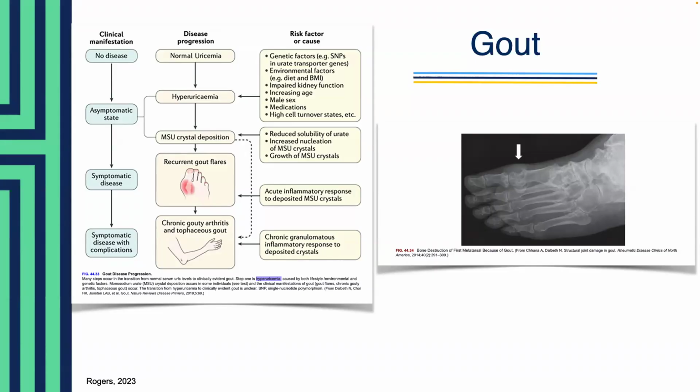Now, talking about the stages of progression of gout, the first stage is asymptomatic hyperuricemia. In this stage, excess uric acid builds up in the body, elevating the levels without causing any symptoms.